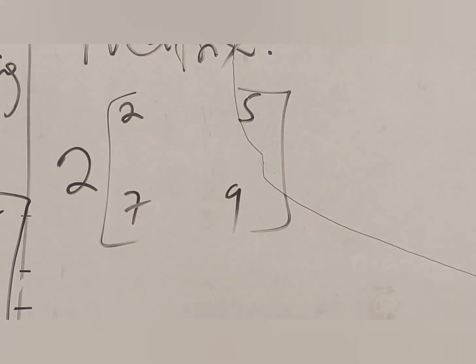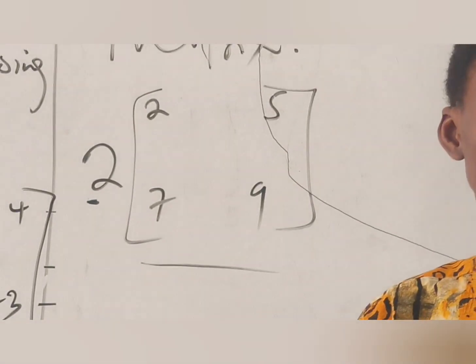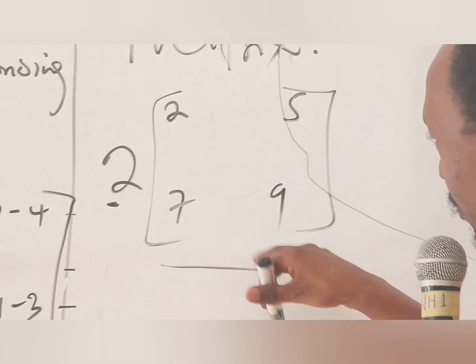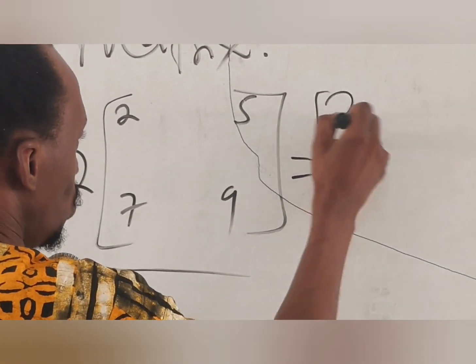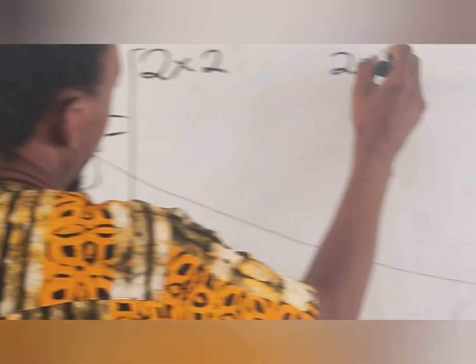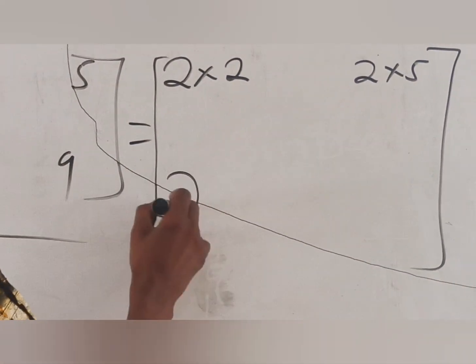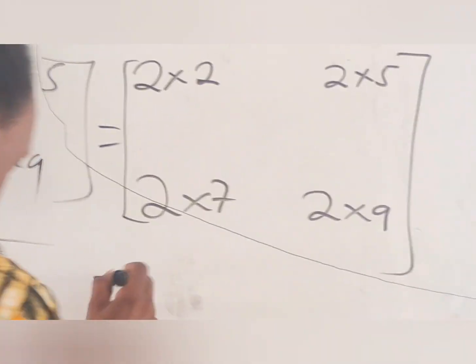This is what we mean. So this is our scalar and this is the matrix. Can you all see? The rule says multiply the scalar 2 by every component: 2 by 2, then 2 by 5, 2 by 7, 2 again by what? 9.